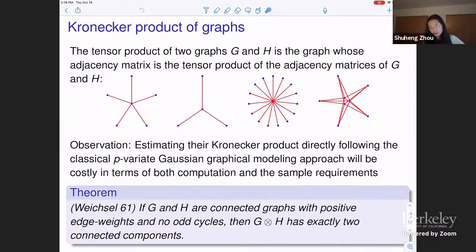The left-hand side looks like a big wheel, and the right-hand side looks like a starfish. The coordinates are just the vertices of G and then the vertices of H. That represents a coordinate on the product graph, and an edge appears in this product graph if the edges appear in the initial graphs.